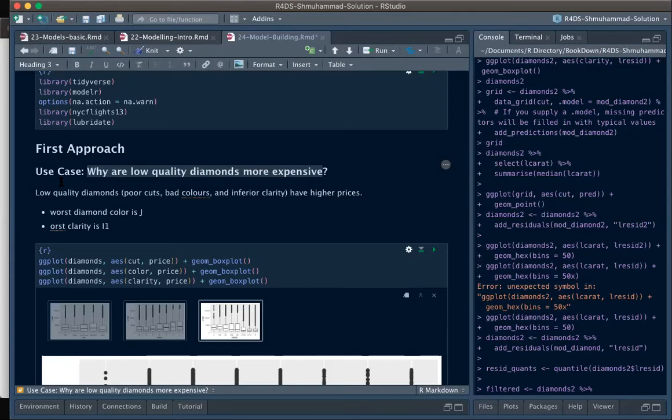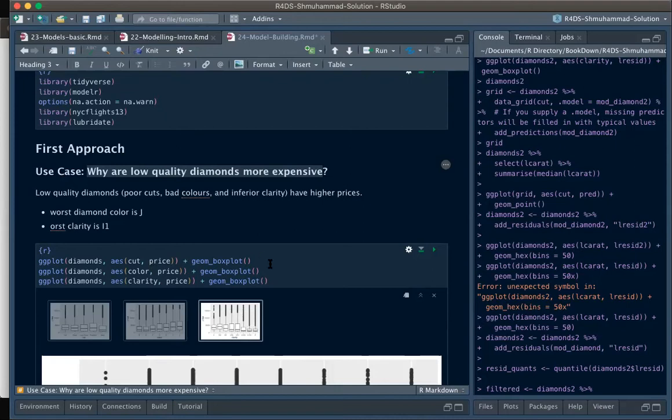Now, how can we model this data set to have a good prediction of the price in terms of parameters such as cut, color, and clarity?